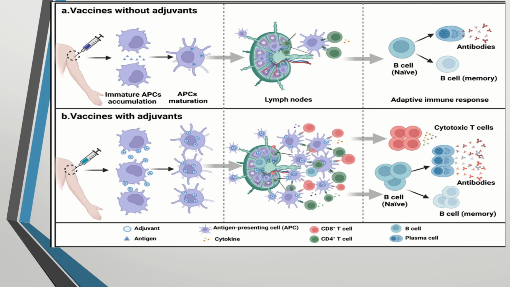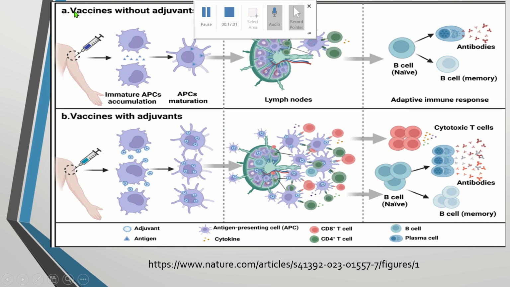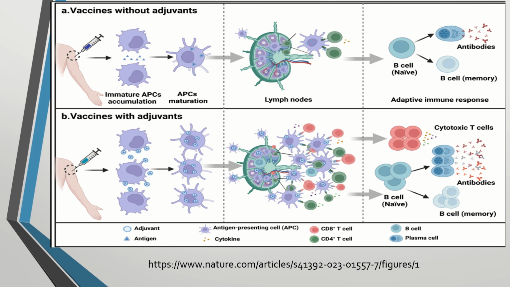Let's see. As you see here, they are comparing the vaccine used without adjuvants and the vaccine used with adjuvants. When the vaccine without adjuvant reaches the body, it is encountered by the antigen presenting cells.